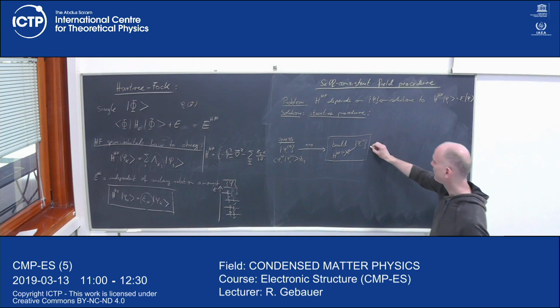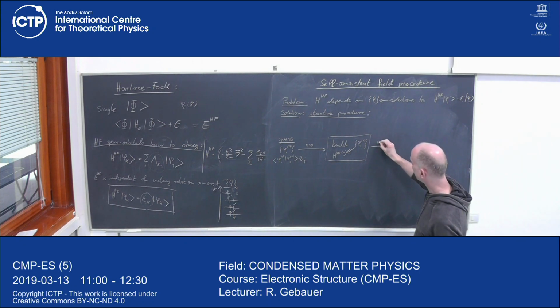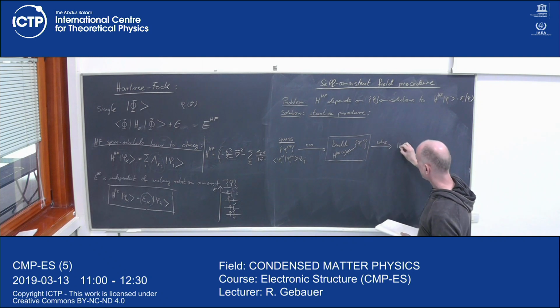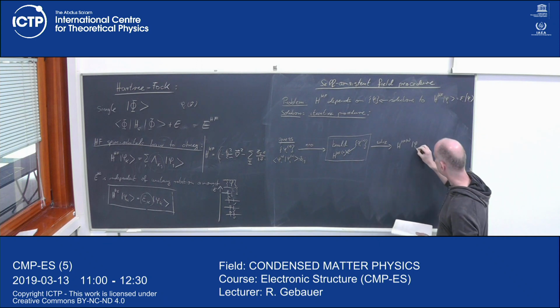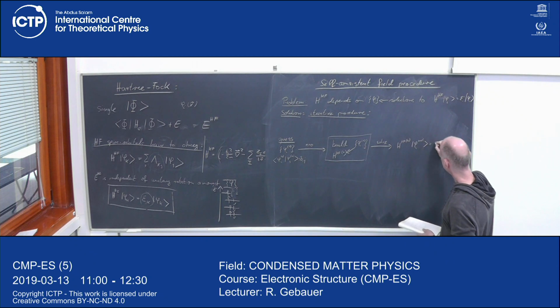Then you use this Hamiltonian and you solve H Hartree-Fock of iteration n times phi I out is epsilon I phi I out.